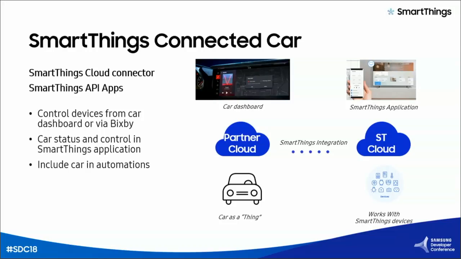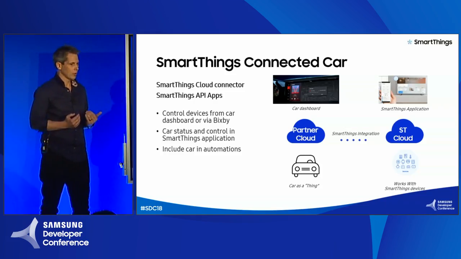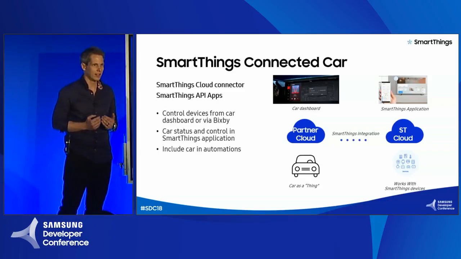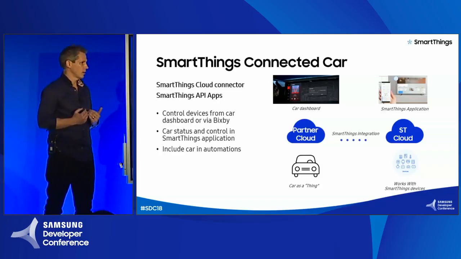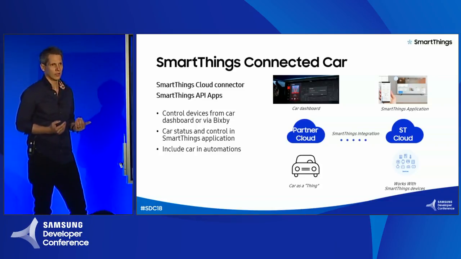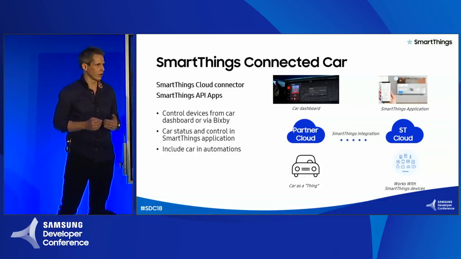Another example, you can see it here on the show floor, the Maserati out there, what we call a connected car. They're utilizing two components, SmartThings Cloud Connector and the API apps. Two things really happen here. One is the nice little icon there, car is a thing. By doing a cloud integration, the car in this case becomes a device in the SmartThings ecosystem. So you can do things like remotely start preconditioning, see the battery level, check whether the doors are open.